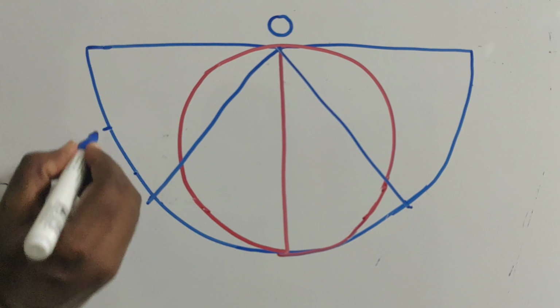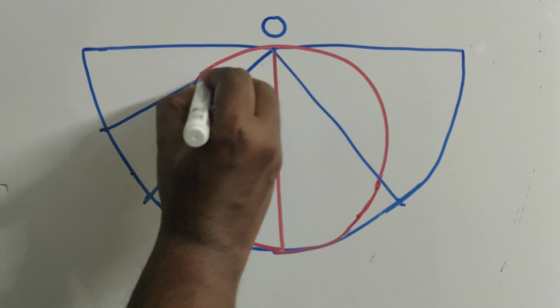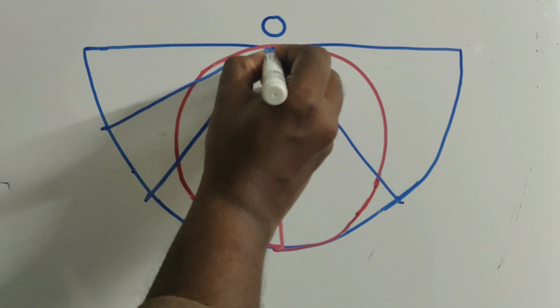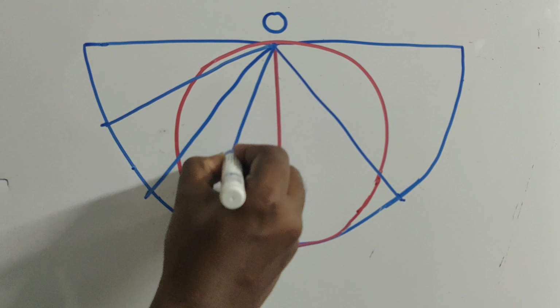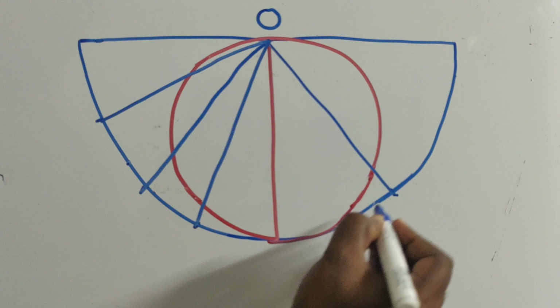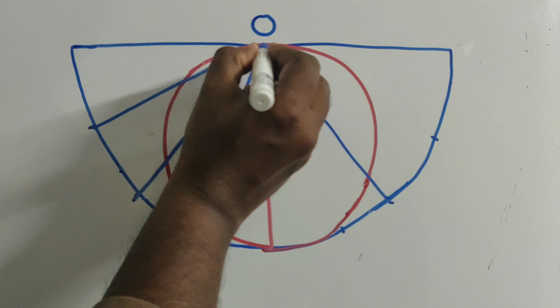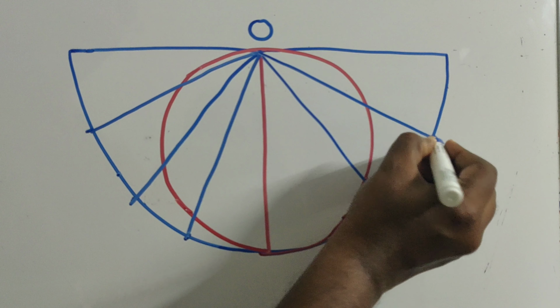Now again dividing it into 2, I will get 4 divisions in one half and the remaining 4 divisions in the next half.